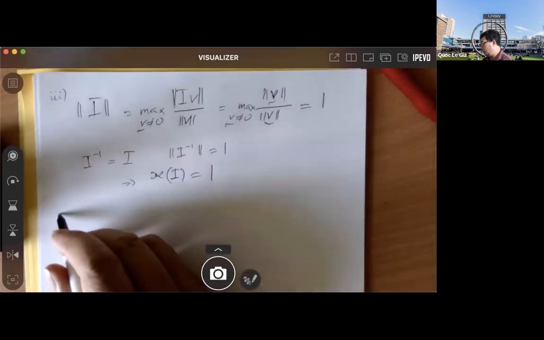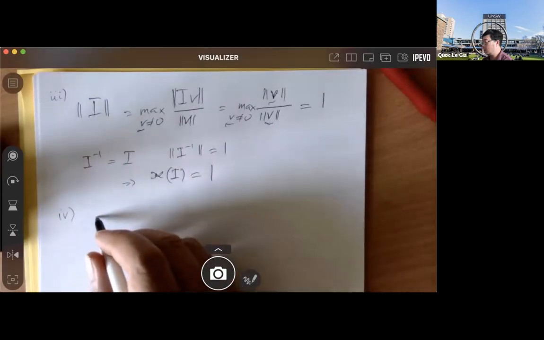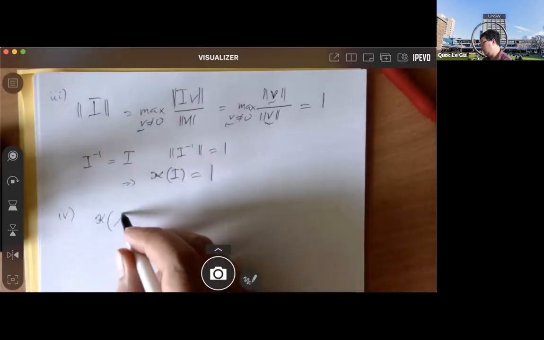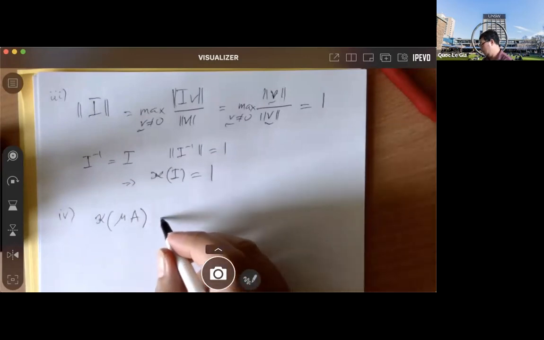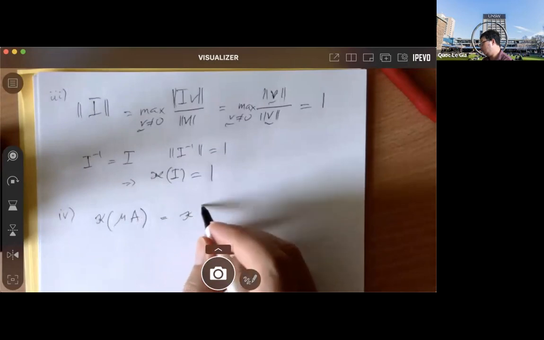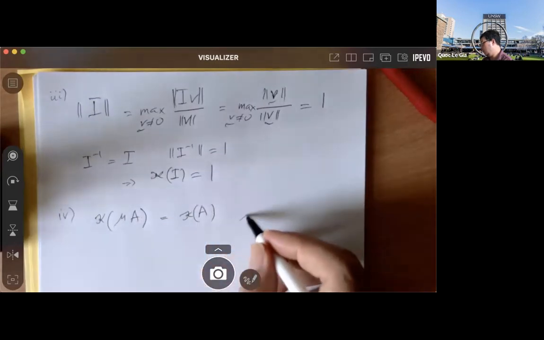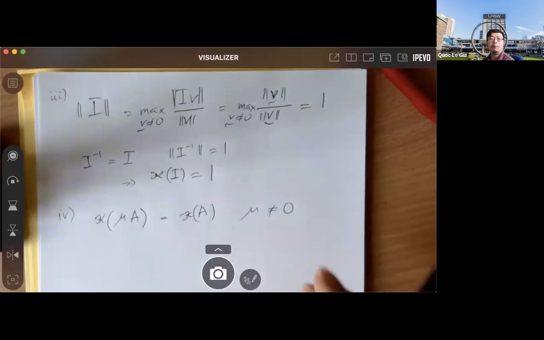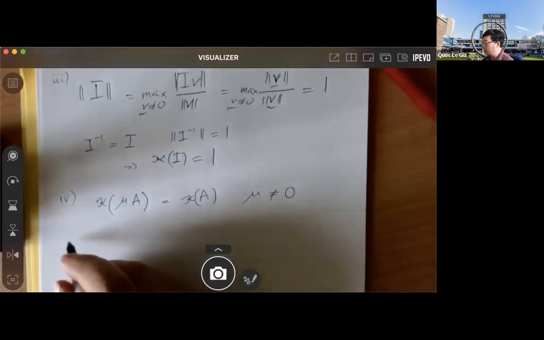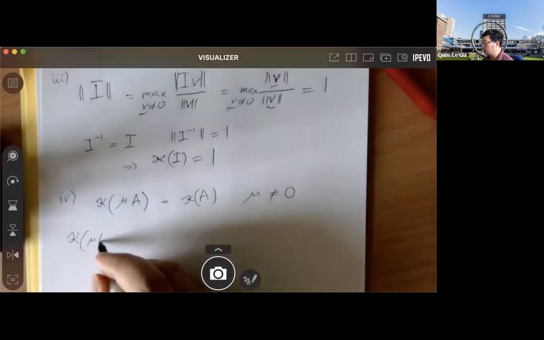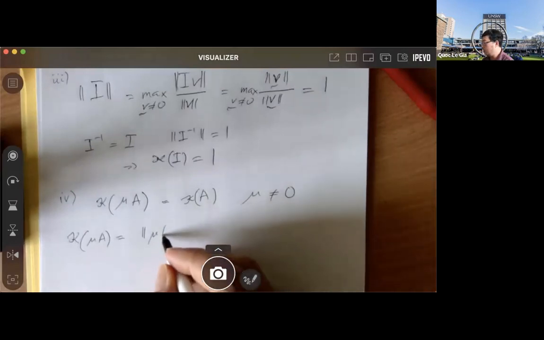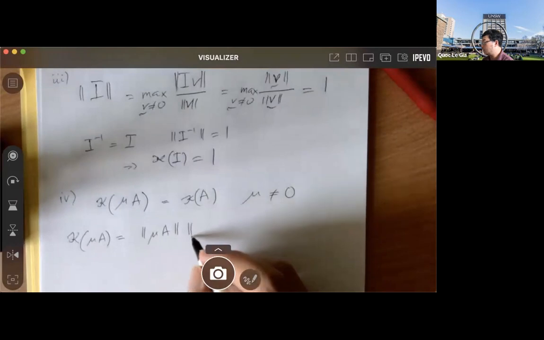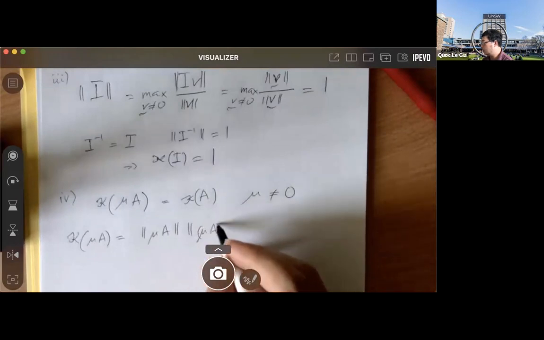Okay, so now the fourth property is the condition number of a scalar mu multiplied by matrix A is the condition number of A, for any non-zero scalar. Well, you just take the definition. So the condition number of mu A is the norm of mu A times the norm of mu A inverse.